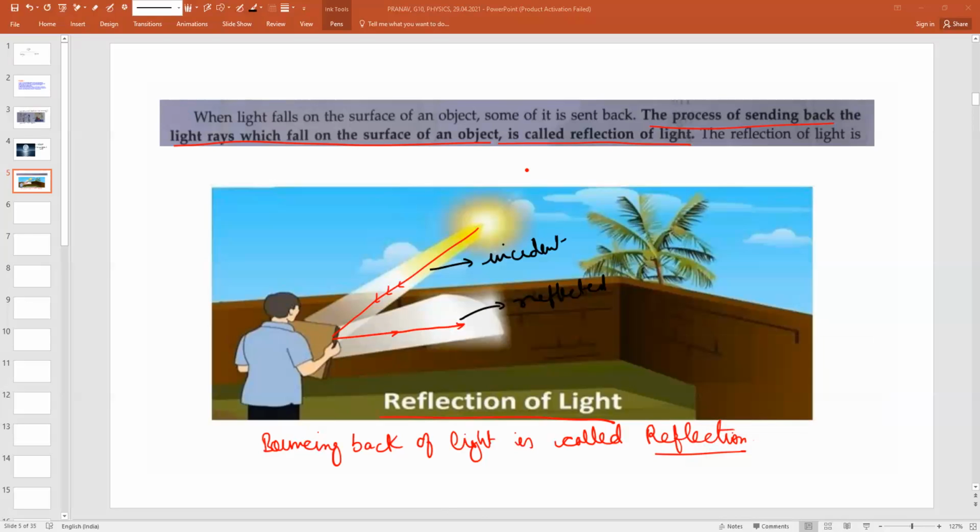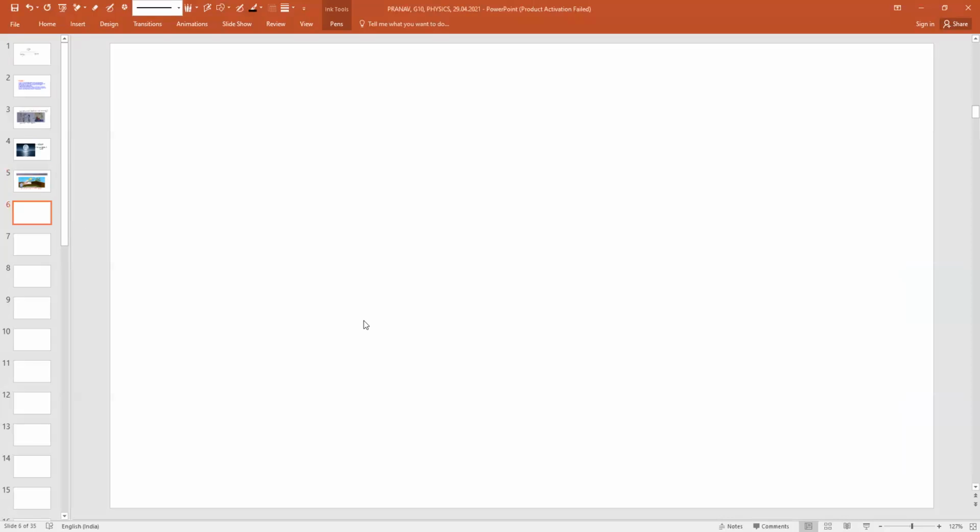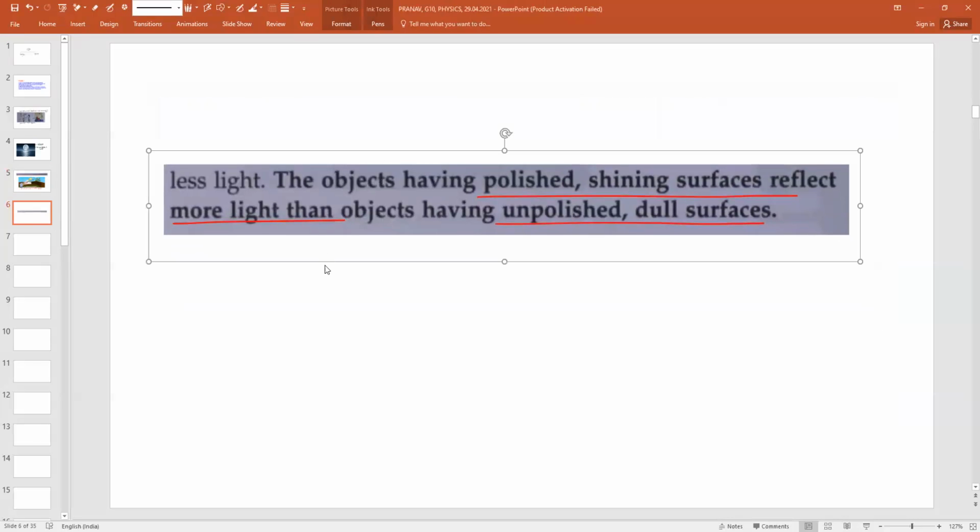I will give you one example. In which material do you eat? Like stainless steel utensils. You have utensils at your house, right? Like a cup, plates, spoons, glasses.